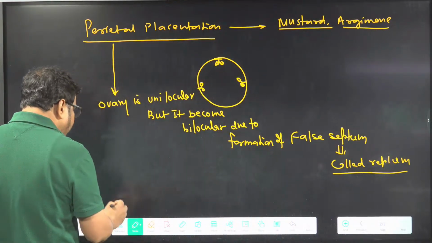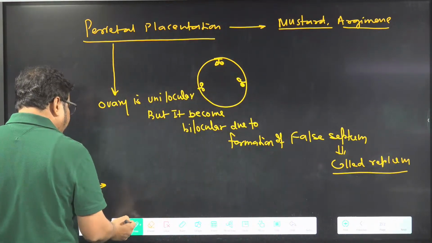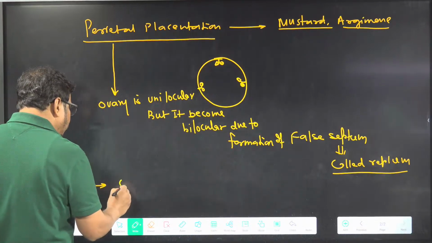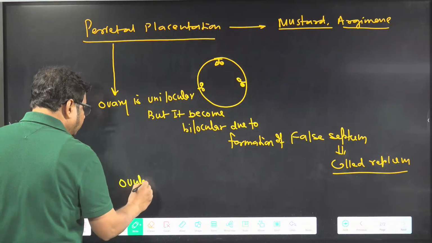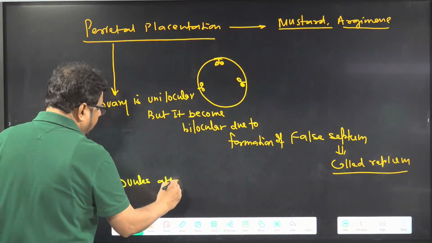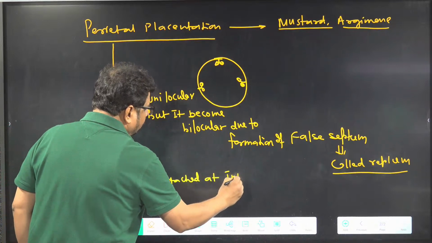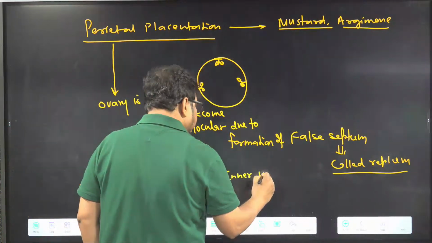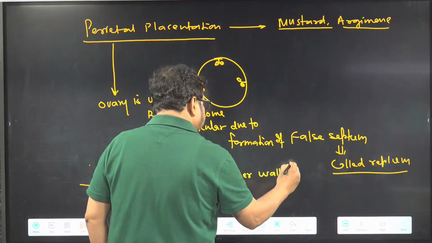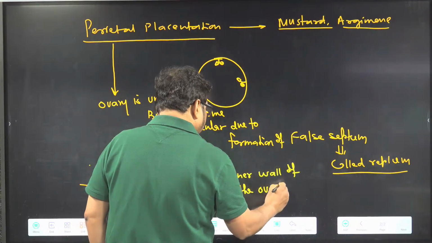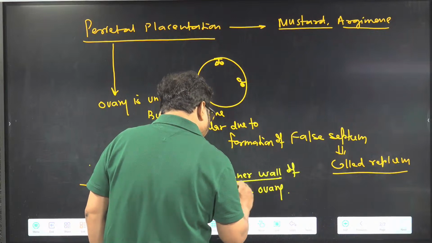Another key point you don't forget, from where questions are going to be asked, is that the ovule is attached at the inner wall of the ovary. Ovules attach at which wall of the ovary?